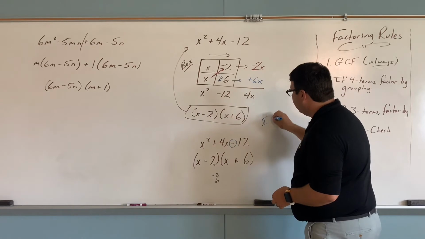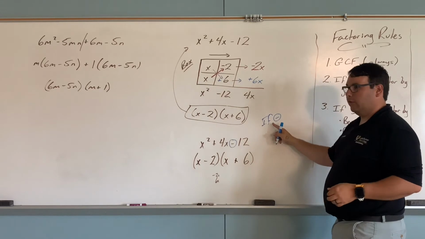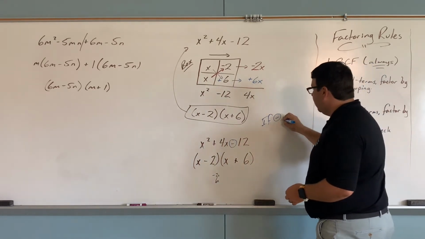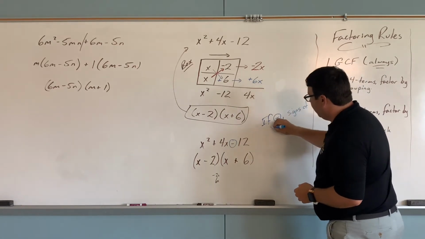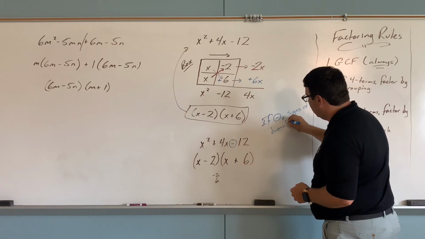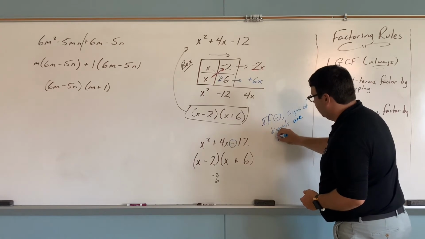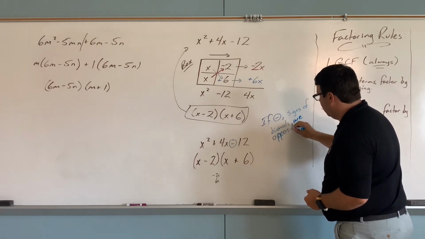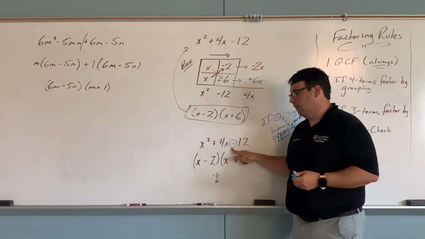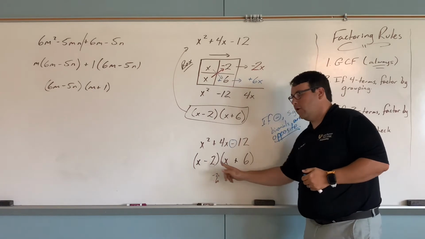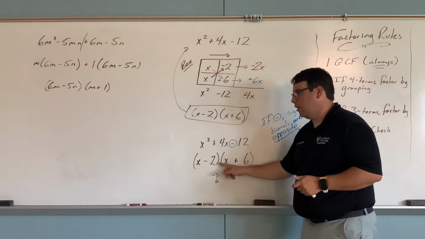So if this last sign of your trinomial is negative, I'm just using a little negative sign and circling it, then the signs of the binomial pair are opposite. So if your sign here is negative, that's saying that the signs in your binomials are opposite, which they are indeed opposite here.